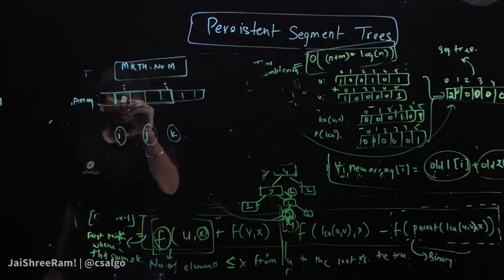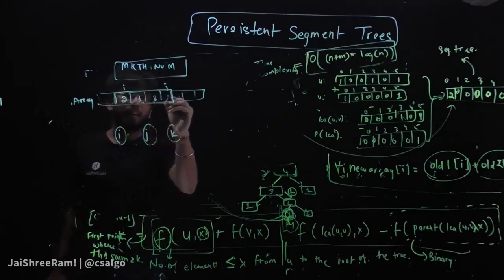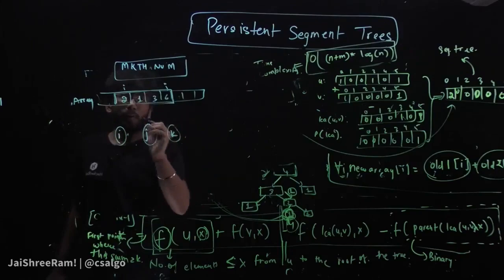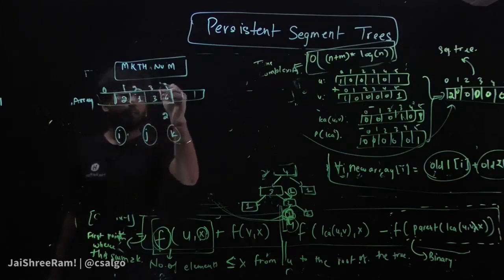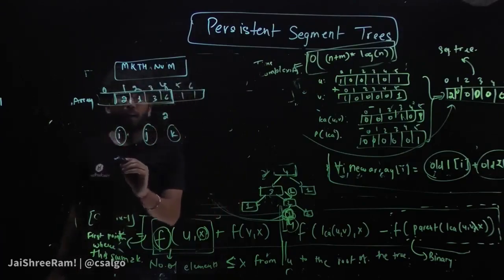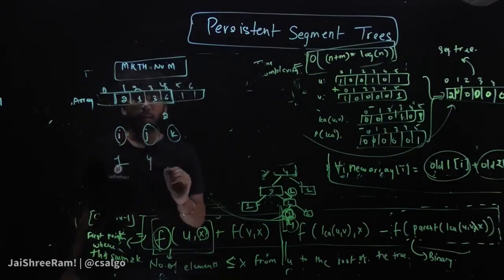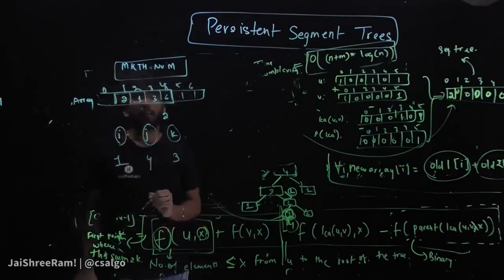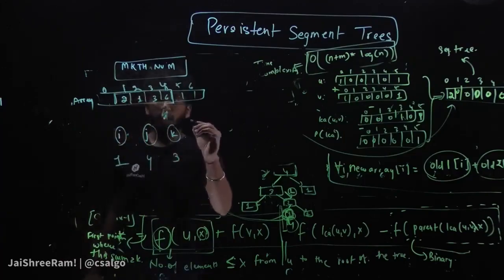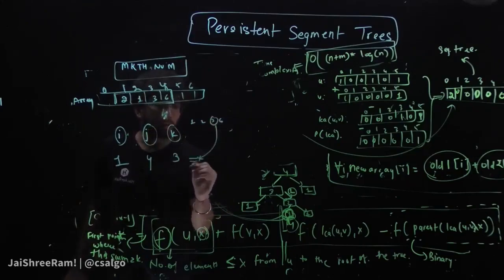So let's assume I have 2, 1, 3, 6, indexed 0, 1, 2, 3. If my query is to find the third element from 1 to 4, then it will be 1, 2, 3, 6, and my answer would be 3.